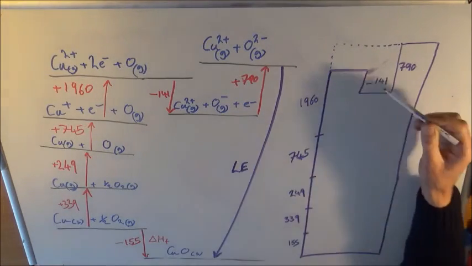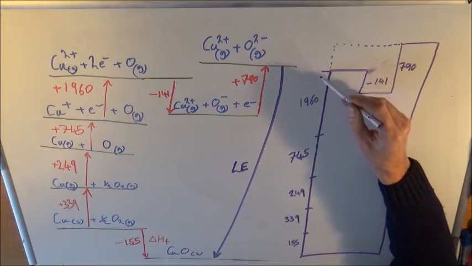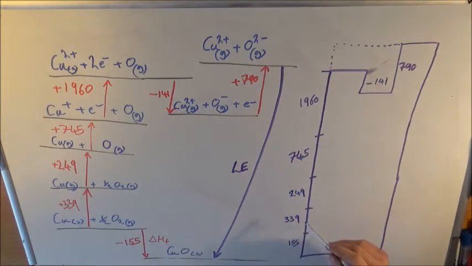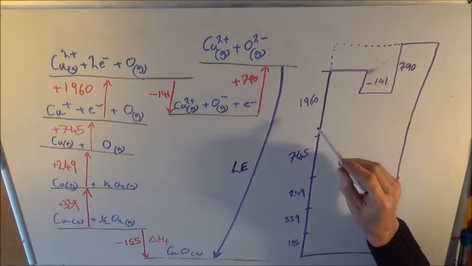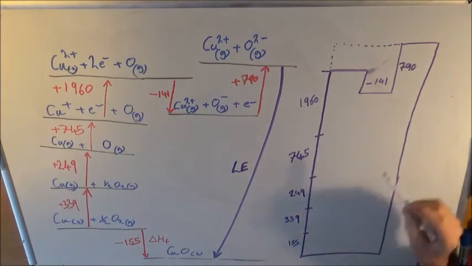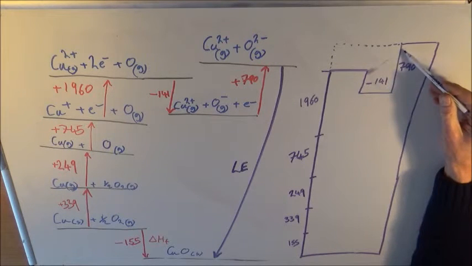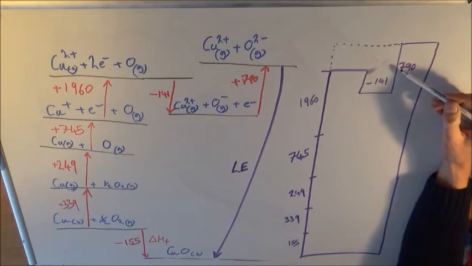So up to here, it's 155, 339, 249, 745 and 1960. That gets us to here. We come back on ourselves 141 metres, and then we go forwards again 790.